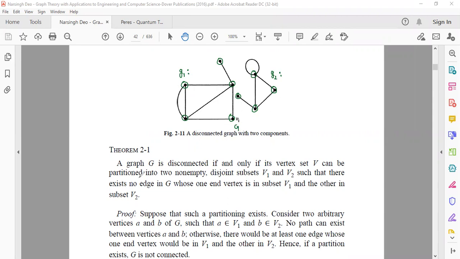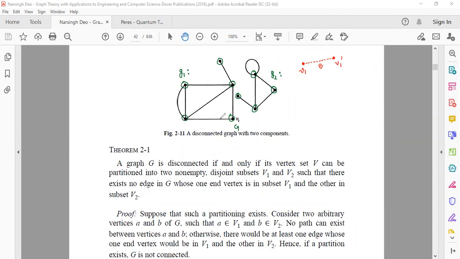Now, the theorem is saying that this graph will be a connected graph. If I say that this graph is disconnected, then we cannot find any edge, say I'm considering this edge virtually, this edge E, where one end of the edge, let us consider to be V1, and another end of the edge, let us call it V1 prime.